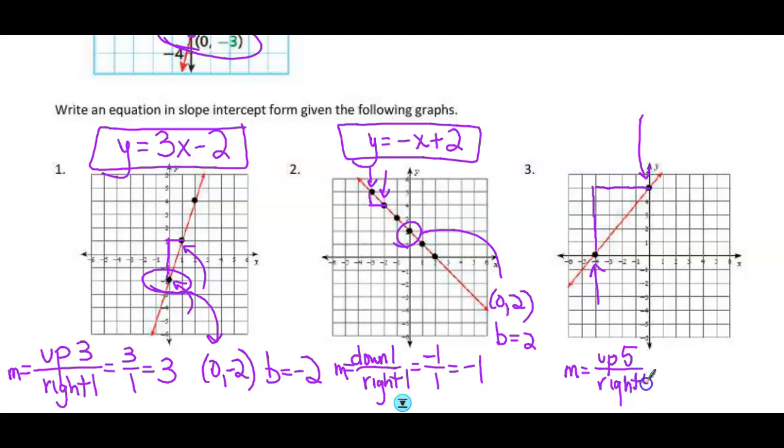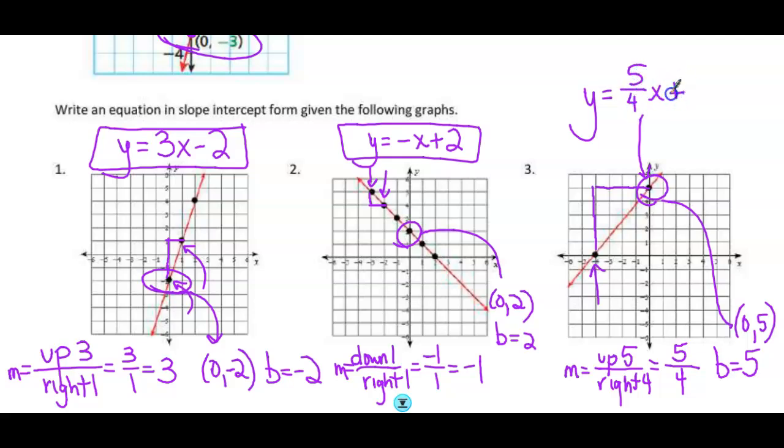Right 4. That's positive 5 over 4, and that does not simplify. This is the y-intercept, which is the ordered pair (0, 5). So your b is 5. So this equation would be y equals 5/4 x plus 5.